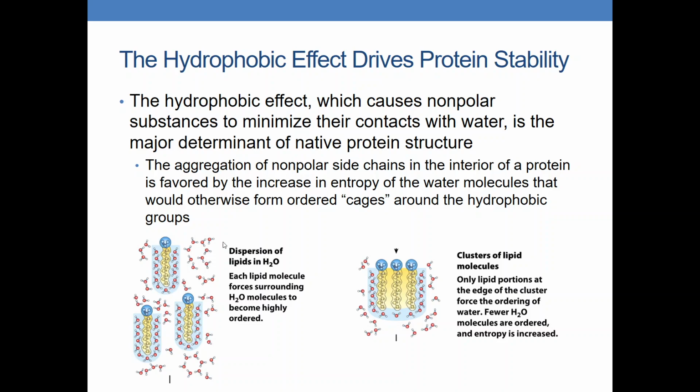So the number of water molecules that are required to accommodate the individual hydration of nonpolar molecules is more than in the case where your nonpolar molecules cluster together. Now this is important because the more water molecules that have to become ordered, the greater the entropic cost that is paid by the system. Those water molecules are giving up entropic freedom in order to accommodate the nonpolar molecules that are present in solution. So if we can minimize that entropic cost, we're in a better position.